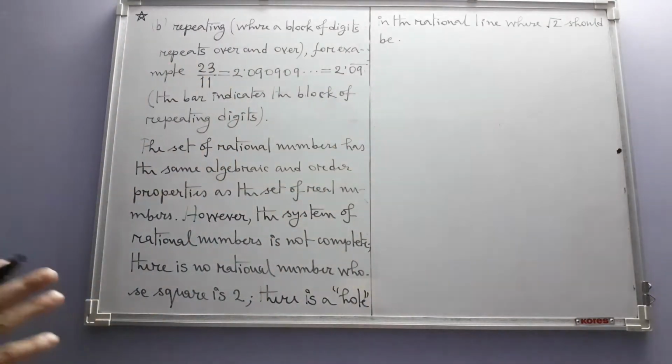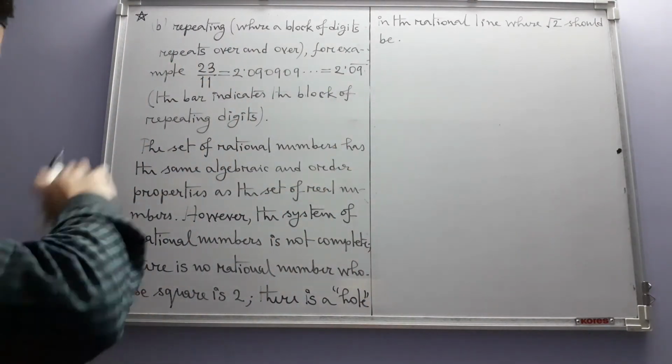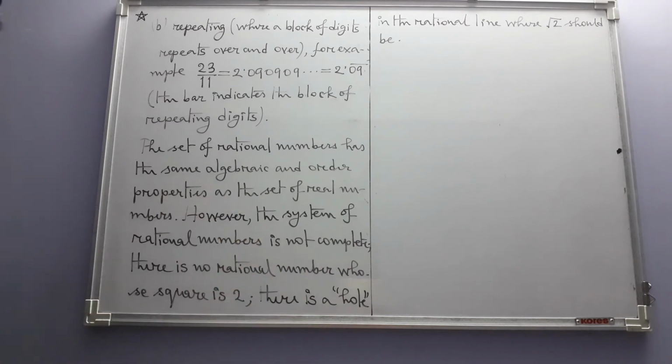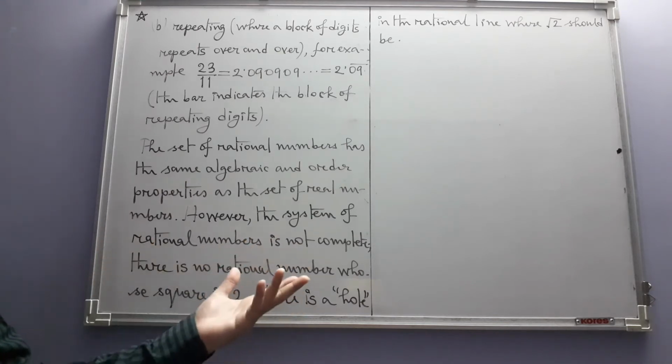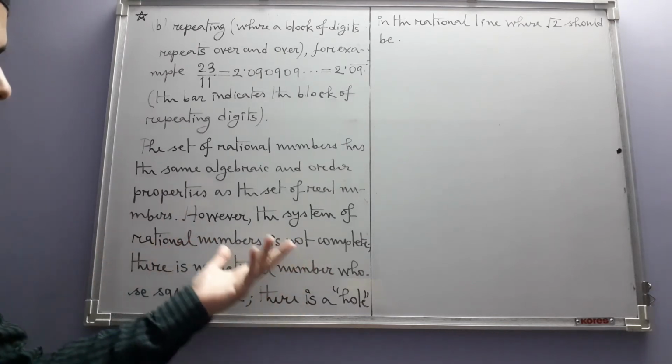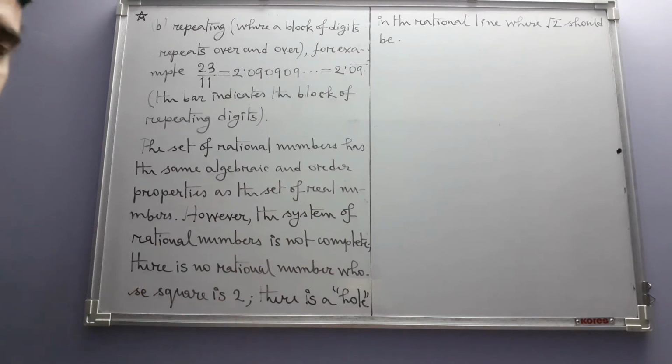So this is the primary reason for having the system of real numbers, and it is actually needed. We cannot do calculus with only the rational numbers.